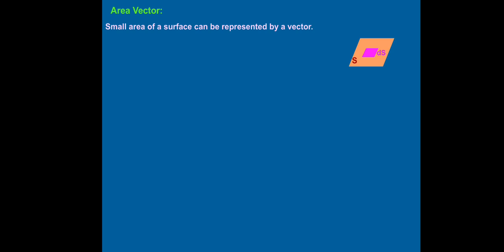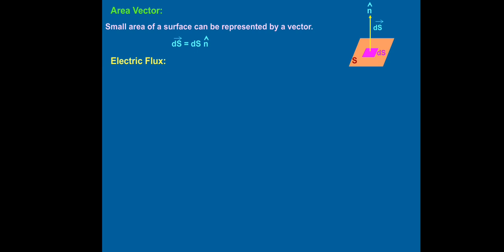Suppose this small area is ds, then the direction of this area vector will be along the normal to the area. So this is the area vector ds, written as ds unit vector n, where unit vector n shows the direction of the area vector ds.